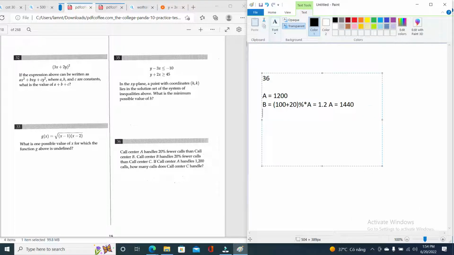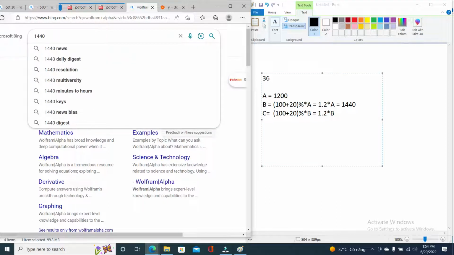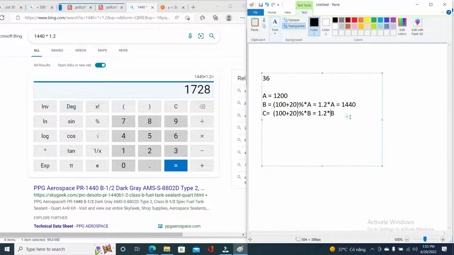And C is just 220% of B, right? 220% of B, so that's just 1.2B. So that's it. 1,440 times 1.2, which is 1,728.